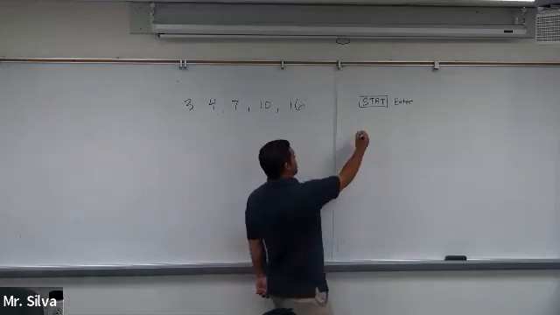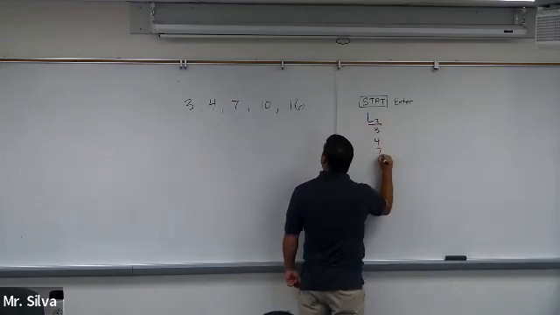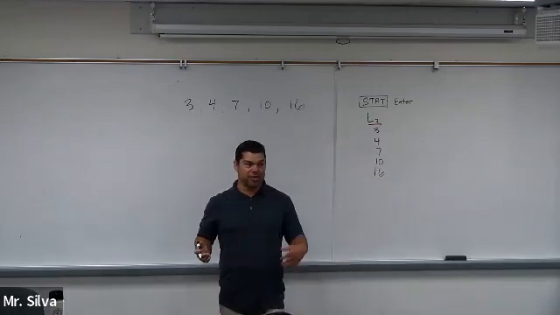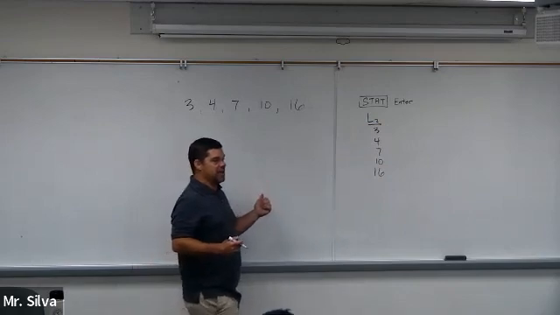In list 2, let's enter those values. So 3, 4, 7, 10, 16. This is a revisit of what we just did. Our data is in list 2. Now we're going to find the mean and the standard deviation.